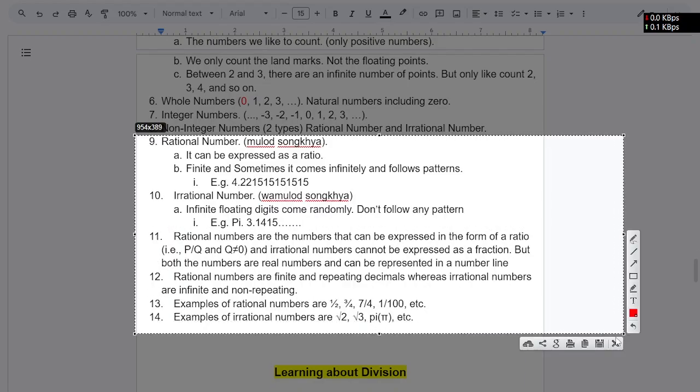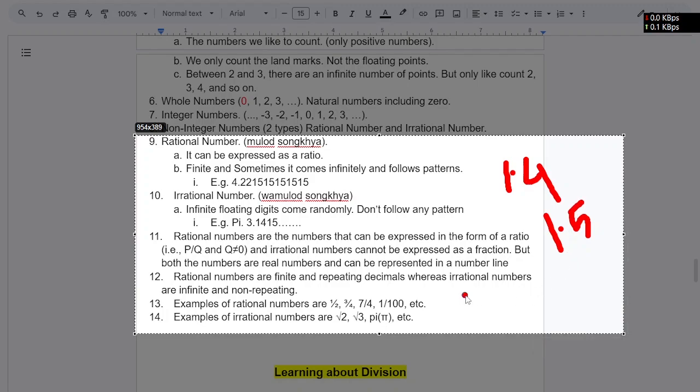Examples of rational numbers are 1.4, 1.5, 3.7.